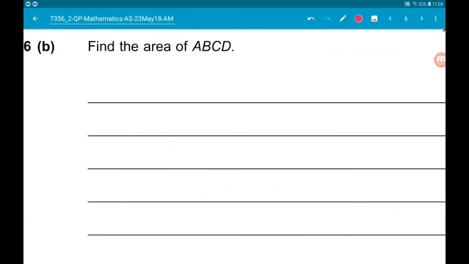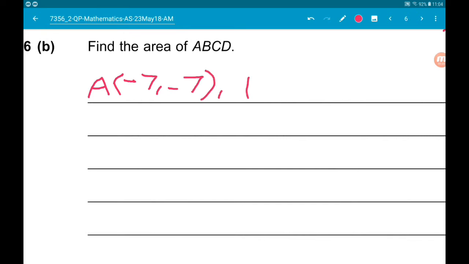Okay, then part B wants us to work out the area of ABCD. So, area of a rectangle is base times height. Probably not big news at A level. What we need to do though is work out the lengths of this rectangle. So, point A has coordinates -7, -7.